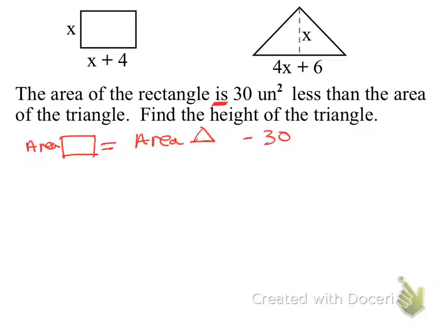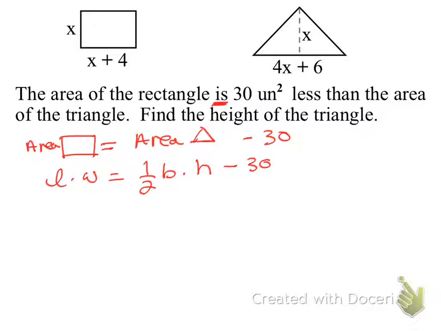Now they mention the word area, so something should come to mind, and that would be a formula. So what would the formula be for area of a rectangle? What's the area of a rectangle, please? Length times width equals 1/2 base times height minus 30.